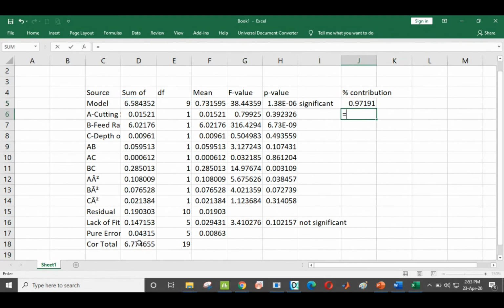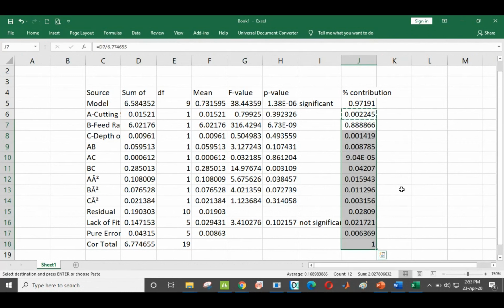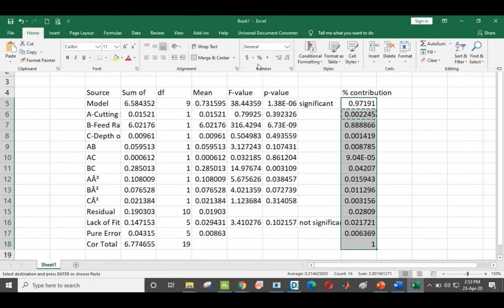Likewise, this cutting speed divided by the correlation total is 6774655. So thus I am going to copy this and I am going to make it as a percentage.